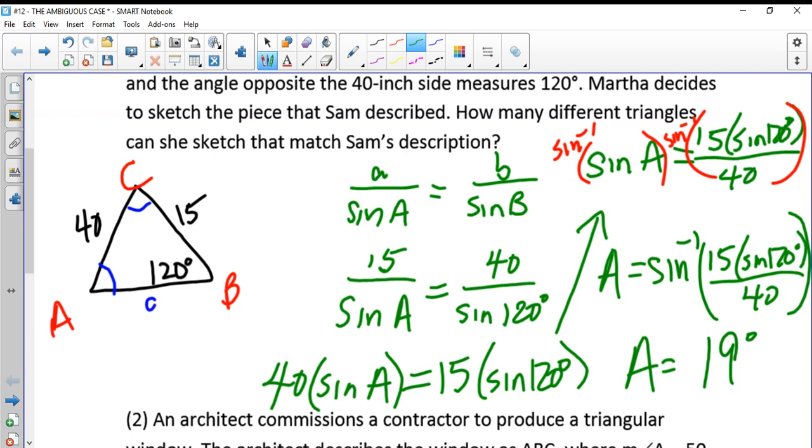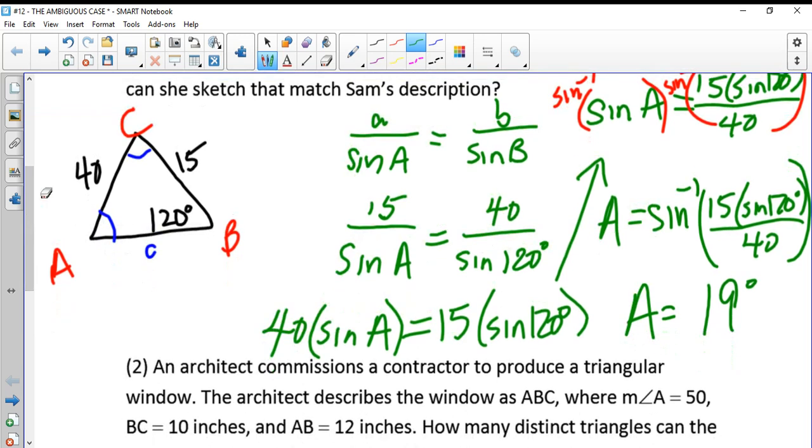Now, rounding in this case isn't really going to be an issue because we're just trying to see how many different triangles can we construct. It's not exactly what they are, it's just can we make them. So if you remember back to when we calculated exact values of given angle measures, you'll know that the sine of some angle is positive. And what that means is, if you think back to our All Students Take Calculus, the sine is positive in both the first and the second quadrant.